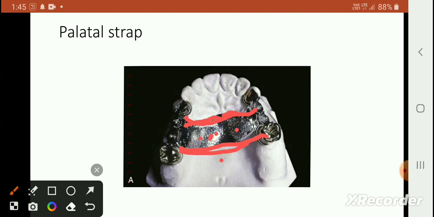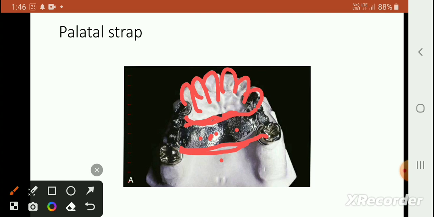Indication: it is indicated only when 1 or 2 teeth are to be replaced, that is in case of a short span, where the edentulous space is tooth bounded and the remaining natural teeth are present. Only there do we consider this arrangement.